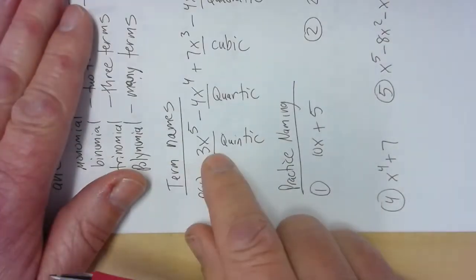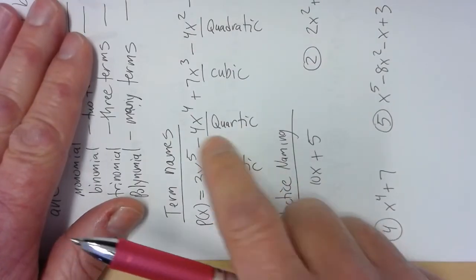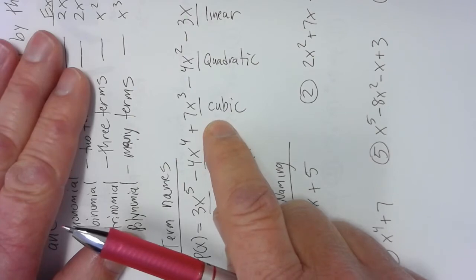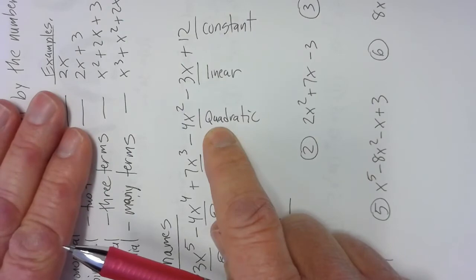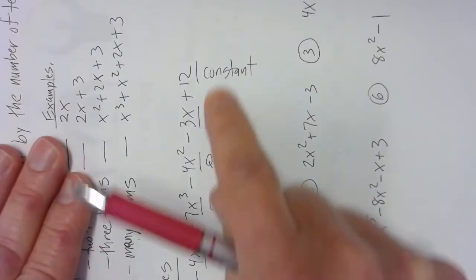So I put them this way so you could see them, but it's quintic, like quintuplets, quartic, like quarter, like 4, cubic, like 3-dimension, like a cube, quadratic, so it's squared, so square is like a quad, so quadratic, linear, constant. So these are the names of the terms.